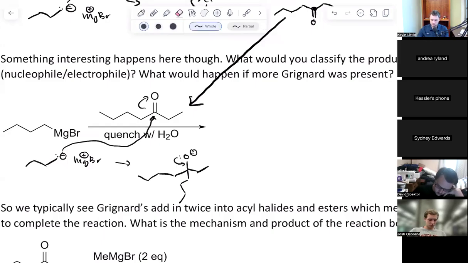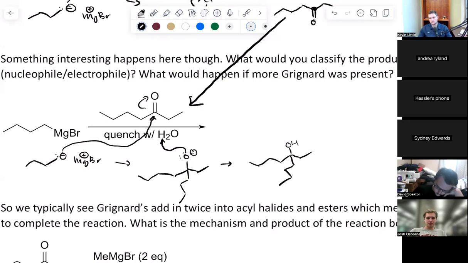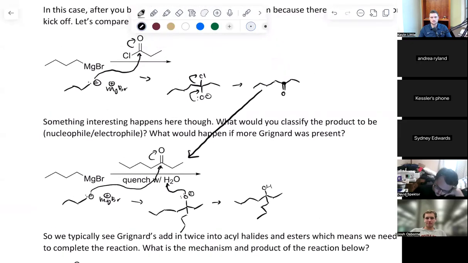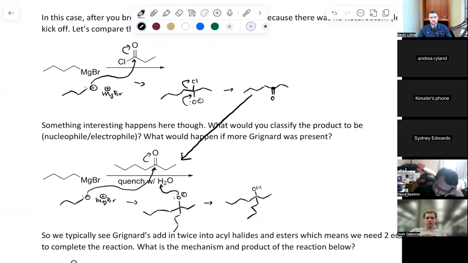There are no leaving groups. So it's sitting there and it has to quench with a proton. So this all happens together. This is all one step, or this is all one reaction. Whenever you have a Grignard and a carbonyl with a leaving group, it adds in twice. A Grignard can't help itself. It's going to just keep going.